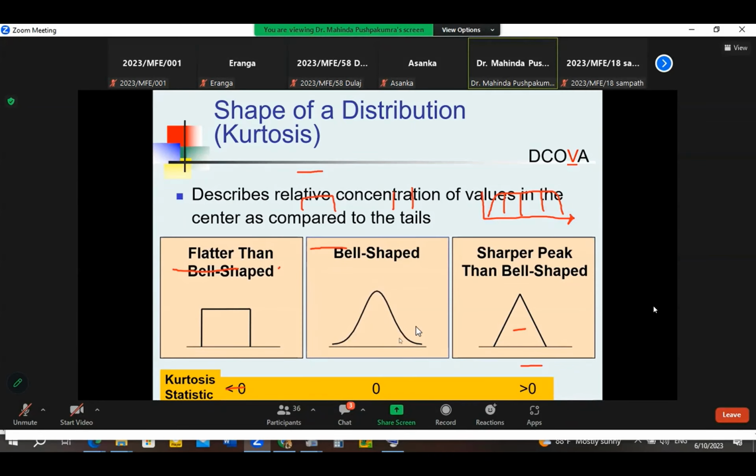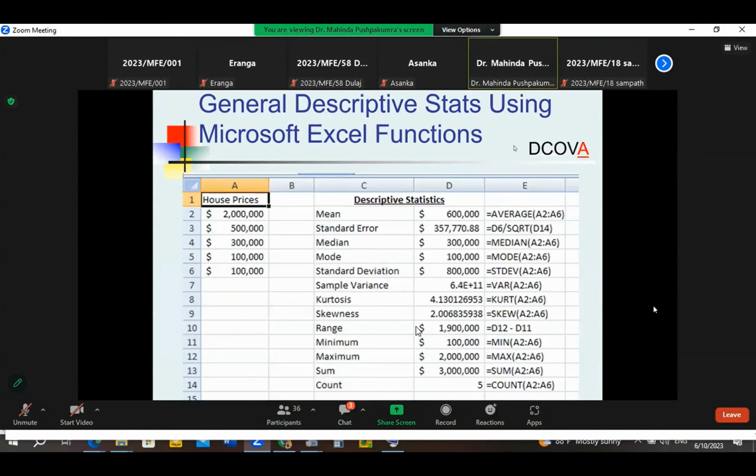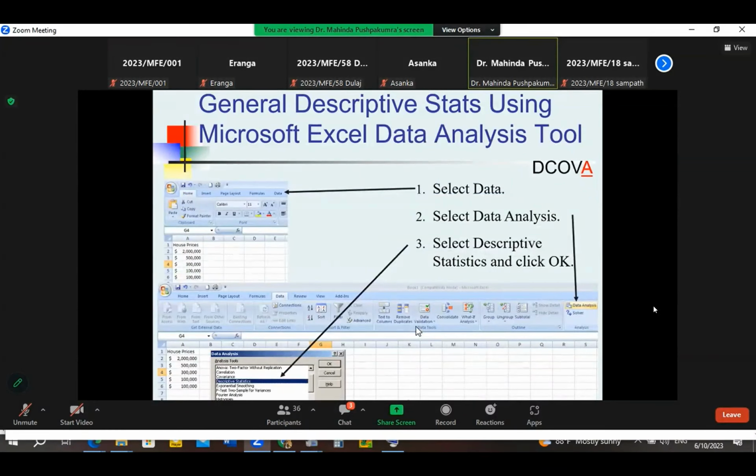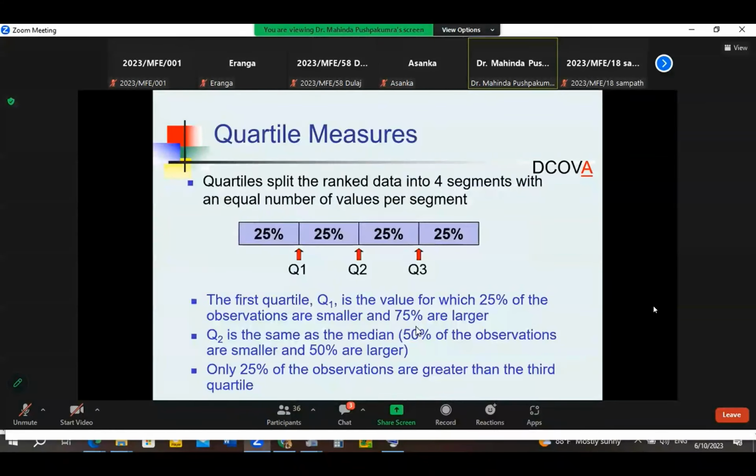The same things we can explain here. Then this shows how we can get these values from Microsoft Excel. I will do this exercise.